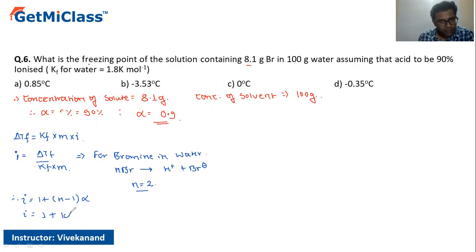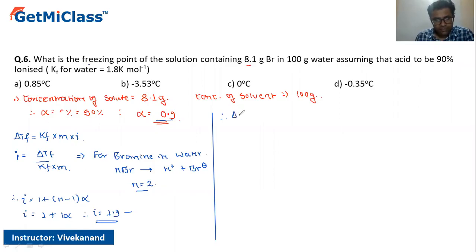So therefore, 1 into alpha, and alpha value we already know is 0.9. So i value is 1.9, right? So this is one of the important equations that we would like to take into consideration, and let's proceed further. As i value is 1.9, we will use it further.